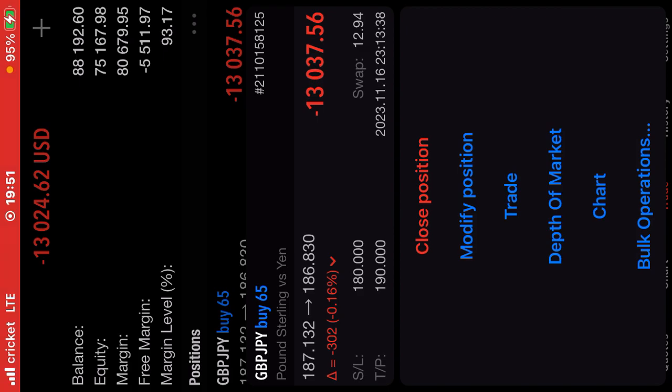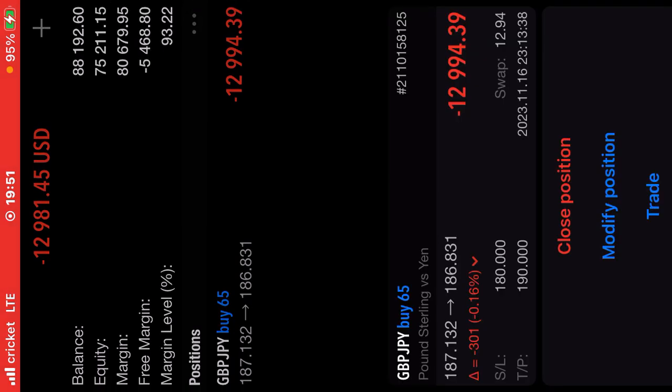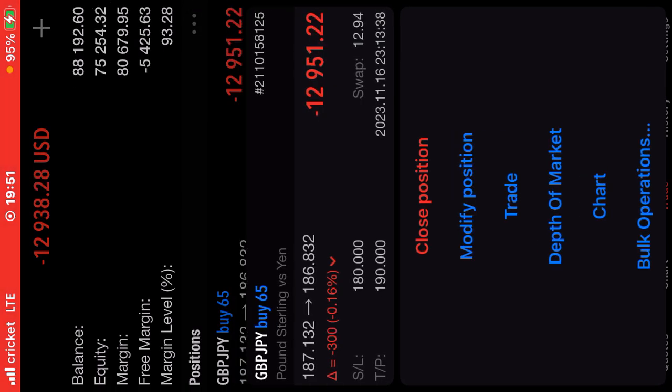Just above the red part in the middle of the screen where it says close position, there's another box of stuff with the minus 12,951.22, and it says swap 1294, and it gives the date and time.